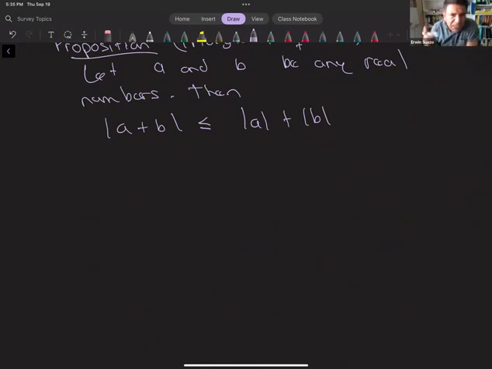Let me see if I can do the proof without a sketch. Okay.